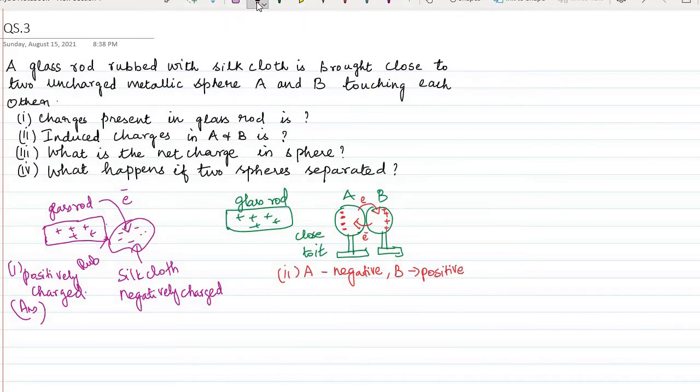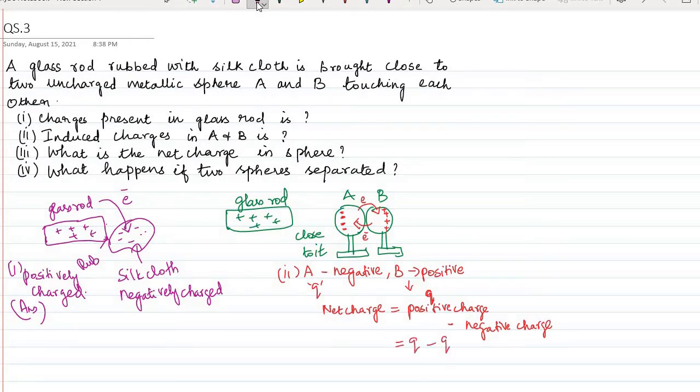What is the net charge in the spheres? In both the spheres, what is the net charge? Let the charge in A be Q, and let the charge in B be Q. A has a negative charge and B has a positive charge. So the net charge is equal to the positive charge and the same amount of negative charge, so both get cancelled.